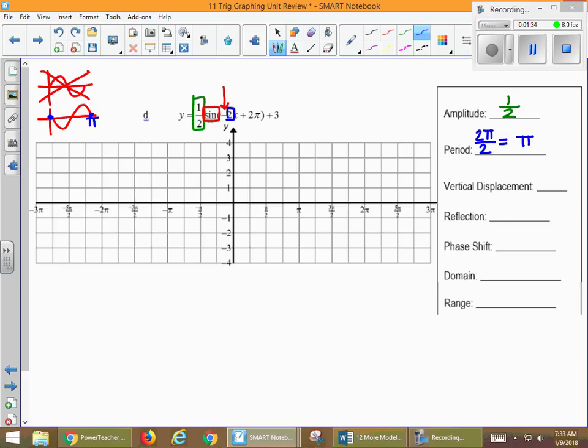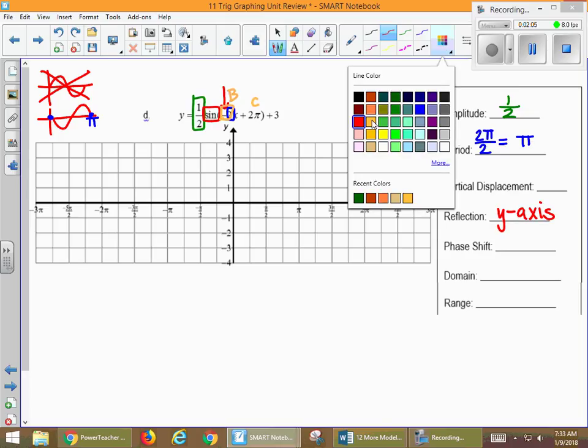Now we need our phase shift. So if we look at our phase shift, we always do C over B. C here is 2 pi, and B is -2. So even though we dealt with that negative and the 2 separately when we were looking at transformations for the period and for the reflection, which was y-axis, it's going to affect our phase shift together.